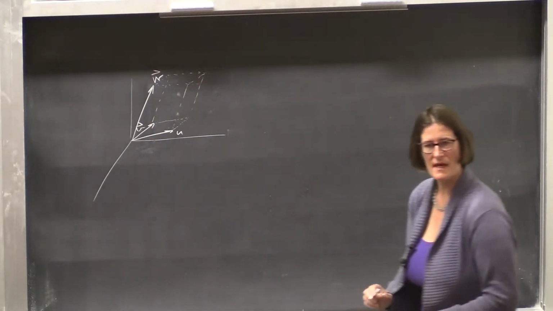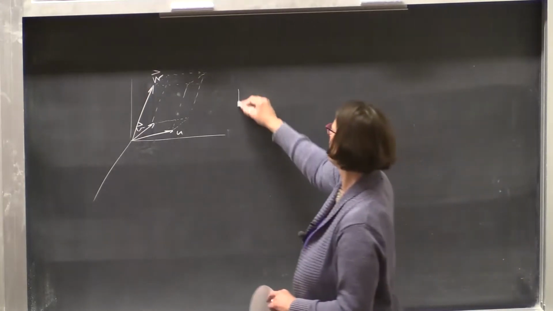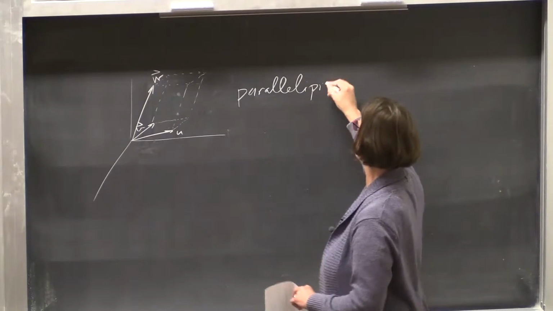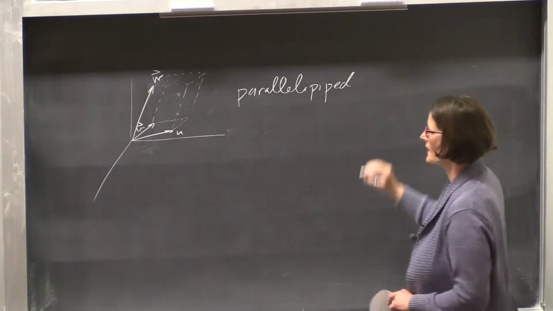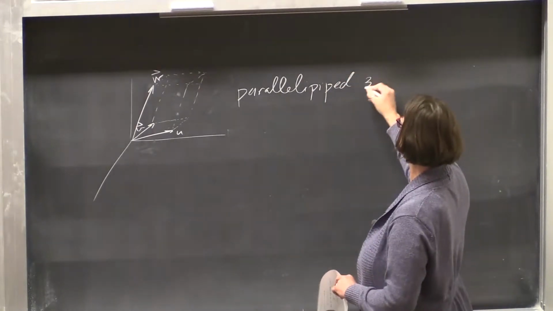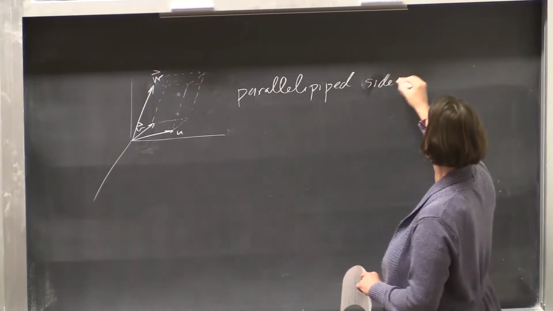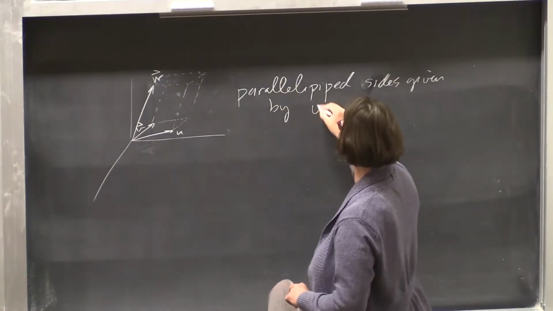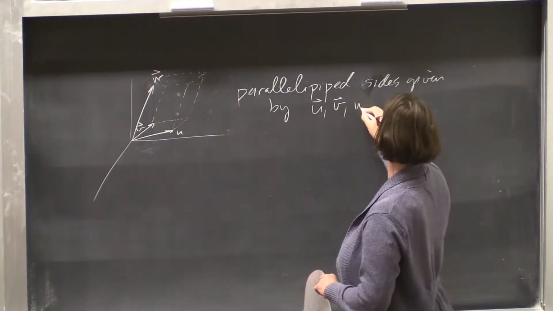Okay, that is our parallelepiped, and it has sides given by u, v, and w.